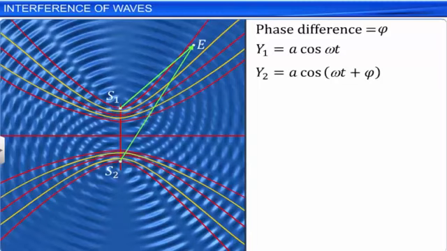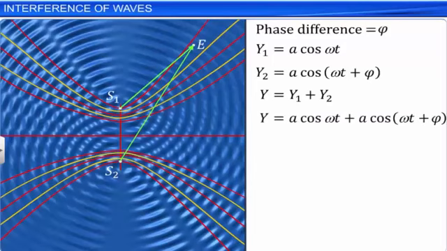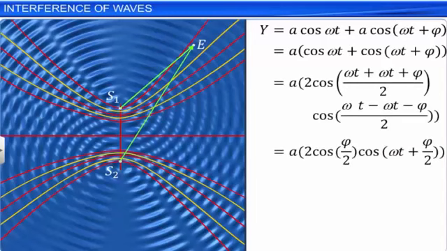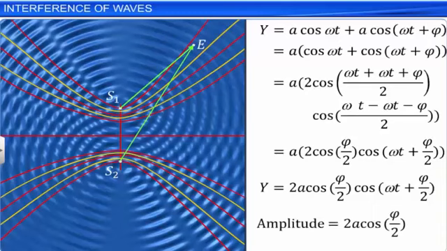The resultant displacement at E will be y is equal to y1 plus y2. Substitute the values of y1 and y2 in the above equation. On further simplification, we get y is equal to 2a cos phi by 2 into cos omega t plus phi by 2. The amplitude of the resultant displacement is equal to 2a cos phi by 2.